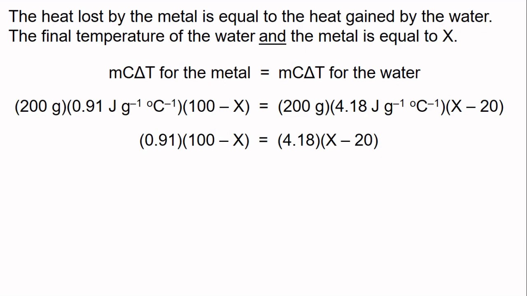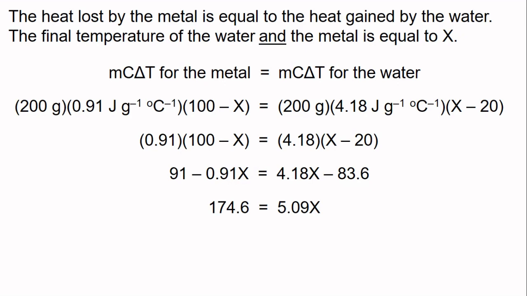I can distribute by multiplying, and I get 91 minus 0.91x on the left, and 4.18x minus 83.6 on the right. Let's go ahead and combine the like terms and solve for x. Now x is 34.3 degrees Celsius. That's the final temperature of the water when the hot piece of aluminum was added to it.